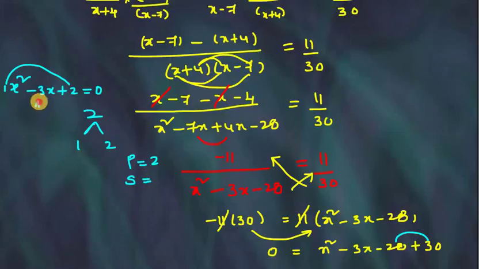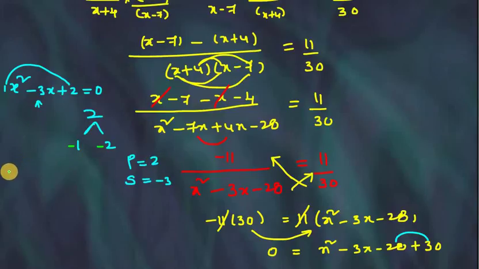What is the middle term here? The x coefficient, that is minus 3. So 2 plus 1 is 3. So to make it this, what we'll do? Some alternatives: minus 1 and minus 2. So minus 1 and minus 2, the sum is minus 3 and the product is 2. So both the conditions are satisfied.